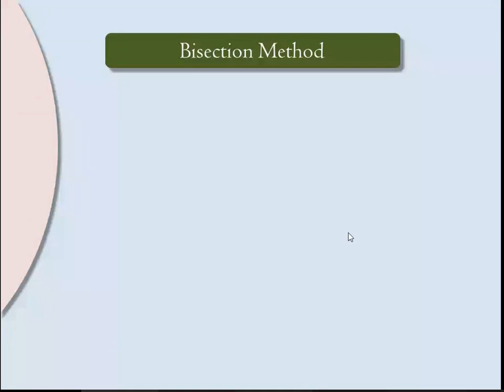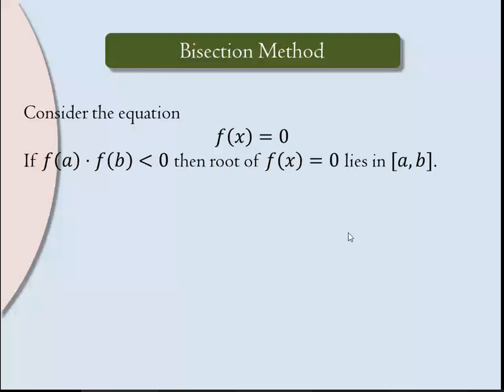Then find two points A and B such that the product of f of A and f of B is less than 0, that is, negative. Then the root of this function f of x lies in the interval AB.